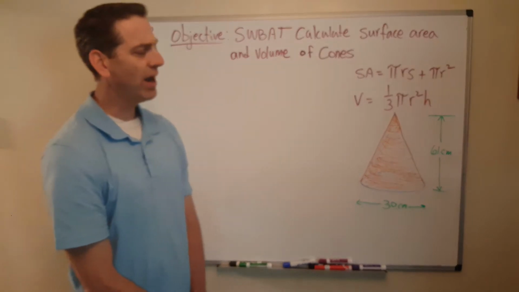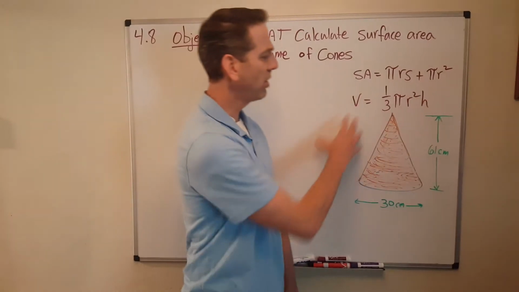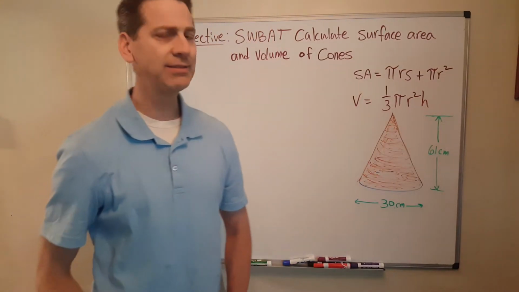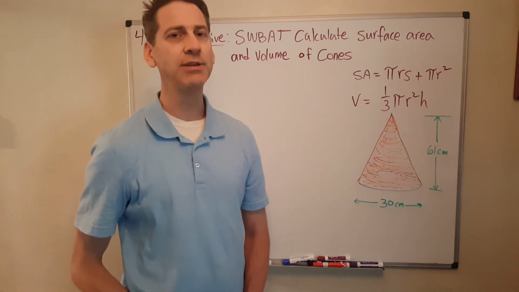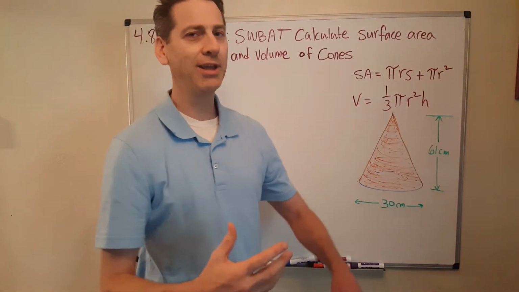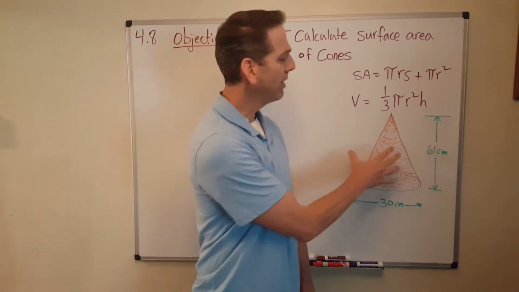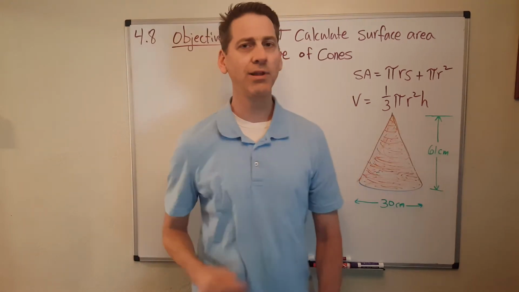All right, so let's get right into it. We have this cone, and the problem states that Caltrans, the transportation department in California, wants to produce 50 cones.